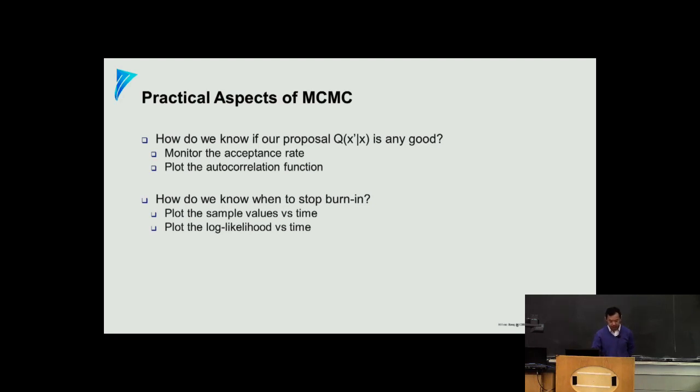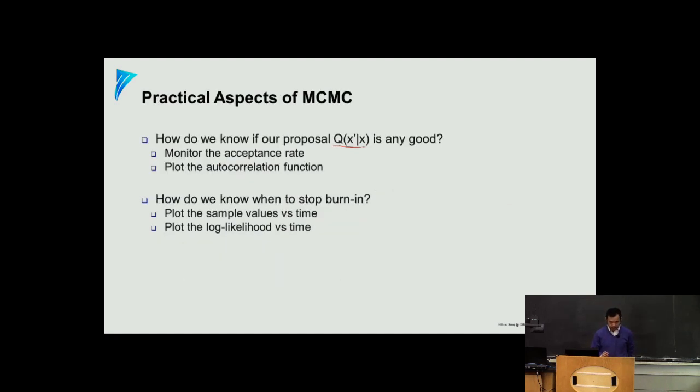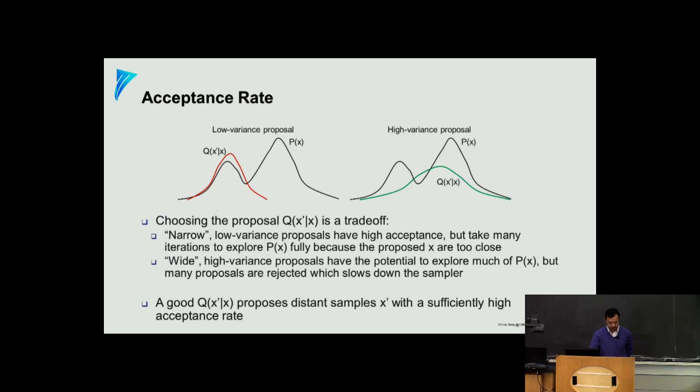There are still some practical issues, right? How do you assess that even this adaptive kernel is good enough? When to stop? I'm going to say a few words on each issue. Again, the quality of the proposal Q can be measured by the acceptance rate.